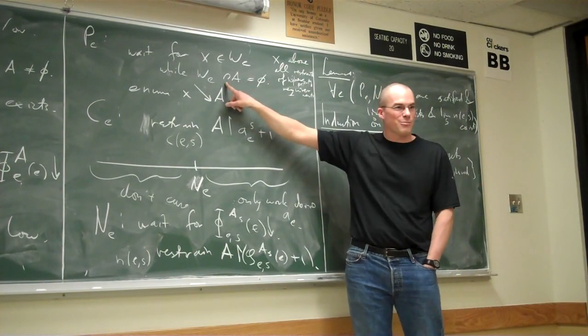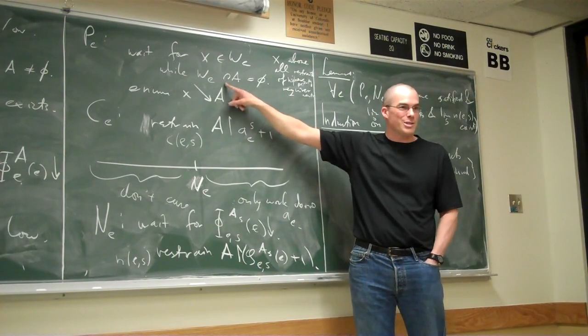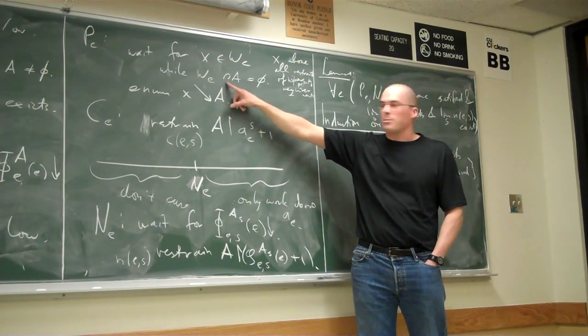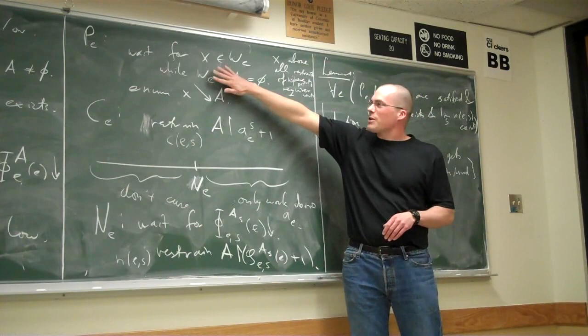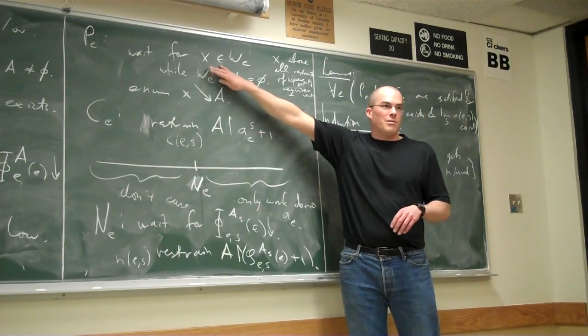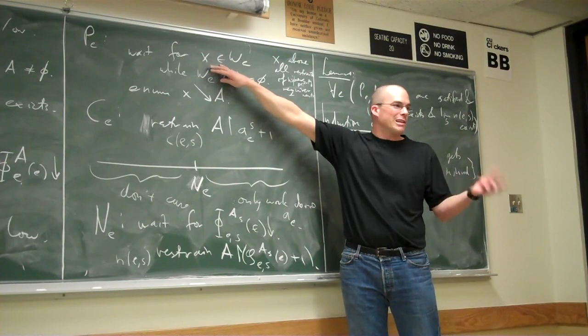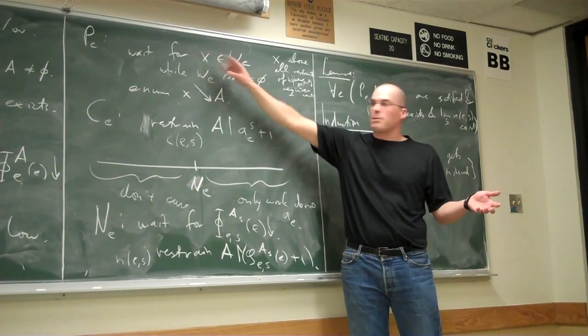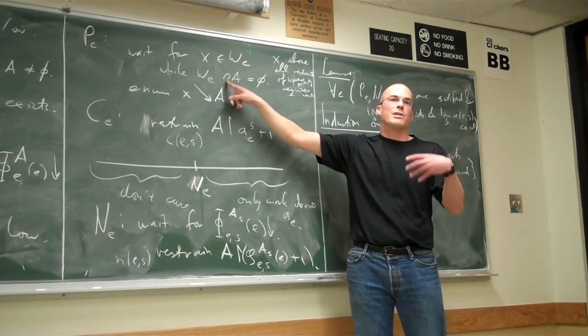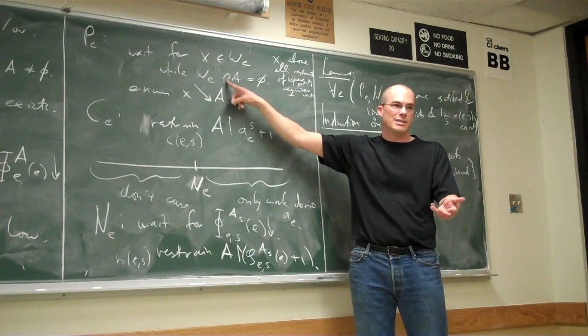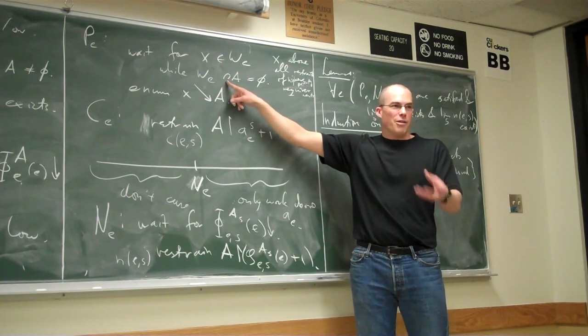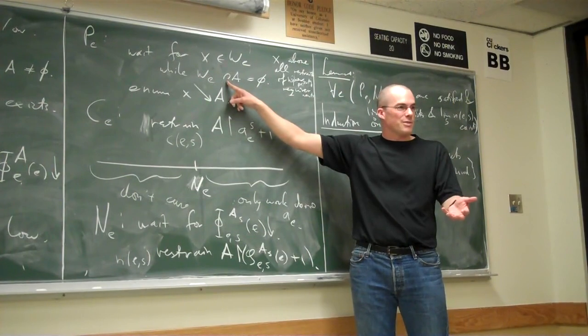And once it has done something, it's not going to act again, right? That's why we have this protection on here. Without this protection, many PE will infinitely often enumerate something. But because we have this protection, we only think about enumerating x if the requirement is not yet satisfied.